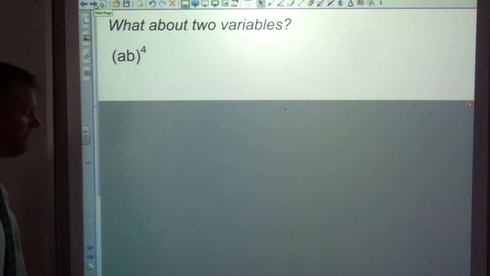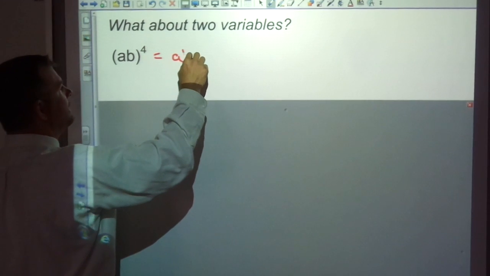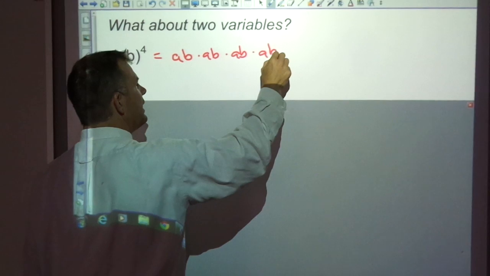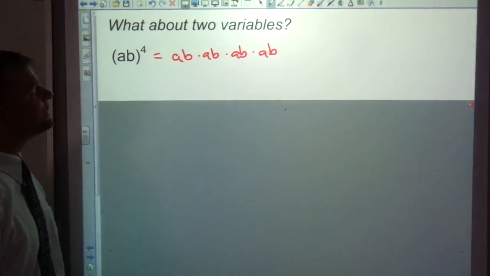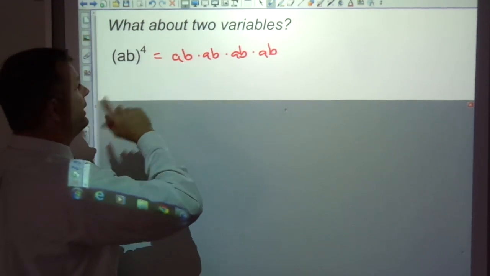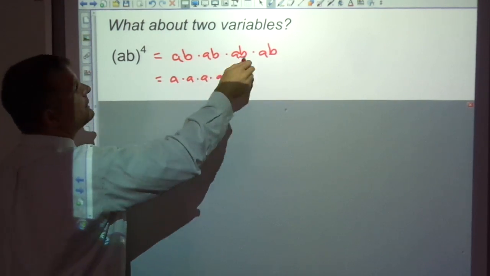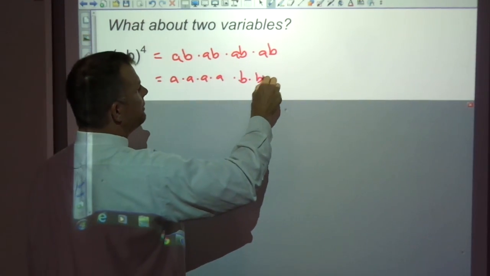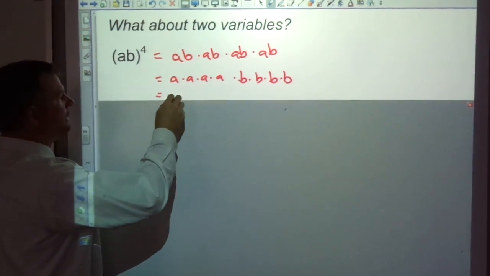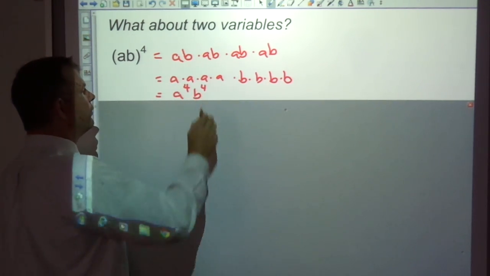If we have a and b, again, this is ab times ab times ab times ab. It's ab times itself 4 times. And we're allowed to change the order of these things. They're all being multiplied. So really, this is the same as a, if we put all the a's together, and b, b, b, b, if we put all the b's together. And this is a to the 4th, b to the 4th.